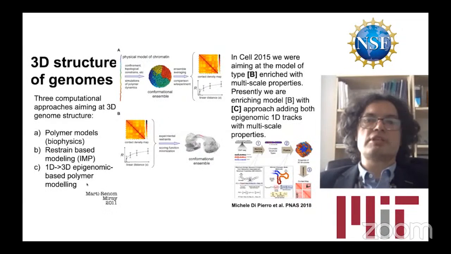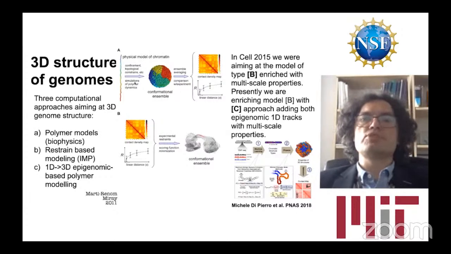There are different approaches which can be applied. Either you can use a polymer physics model, in which you introduce certain constraints de novo, then construct the 3D models, and then calculate the observables.